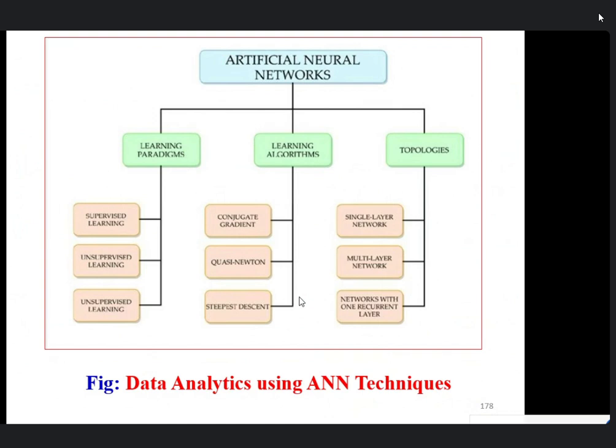From there, we are calculating the gradient descent learning algorithm. Topologies like single layer network topology, multi-layer network topology, networks with one recurrent layer, etc.